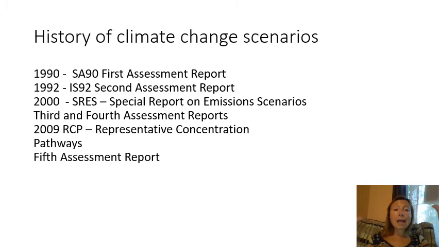So since this 1990 first assessment report, the IPCC came to the realization that we need to have a system in order to evaluate what is really going into those emission scenarios, and we need to come up with a framework that would be uniform and used by scientists around the world in order to help us understand how the demographic trends, the economic changes, the energy choices that we make, land use, agriculture, how all these socioeconomic trends are translating into carbon emissions.